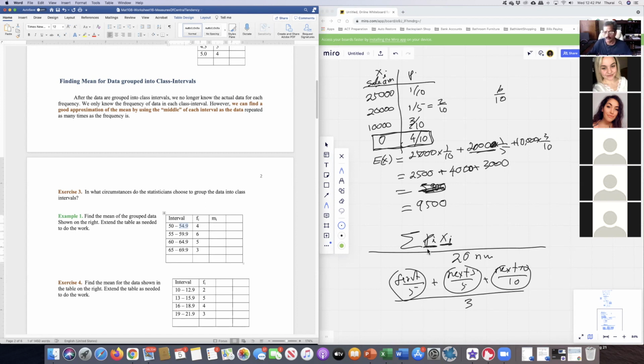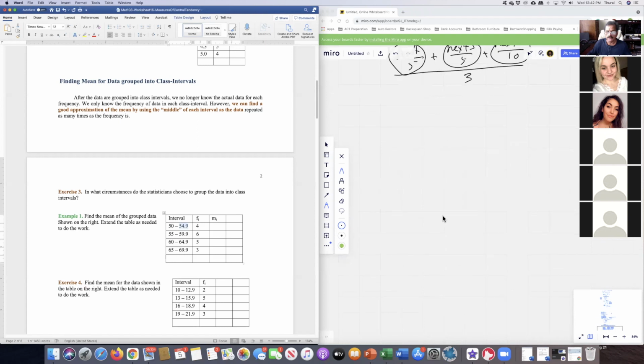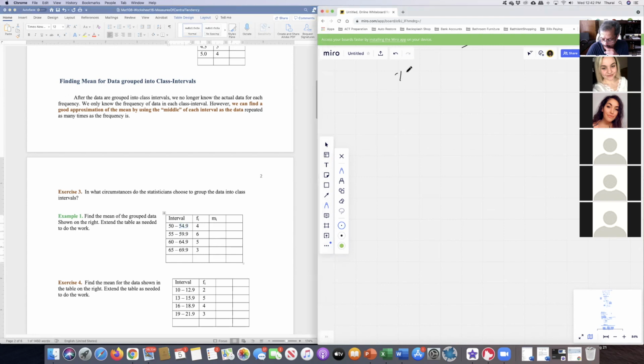So let me go to the board here. There are 2 ways to find the midpoint. Finding the midpoint is necessary not only in this problem, but in many problems coming up later. So, two ways to find the midpoint.